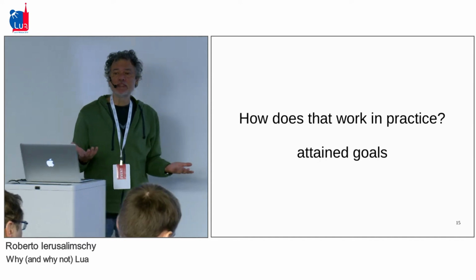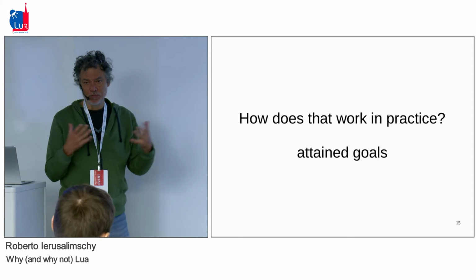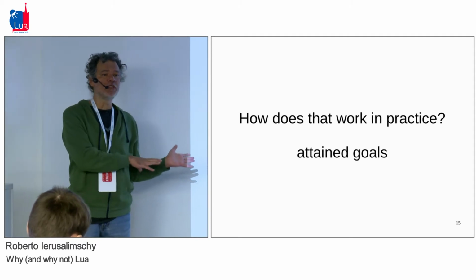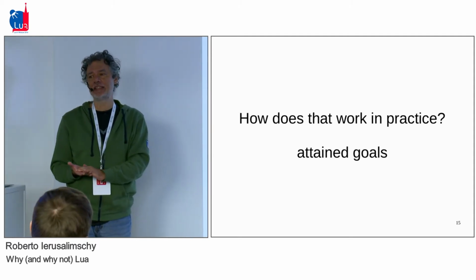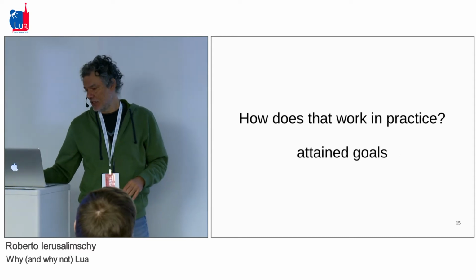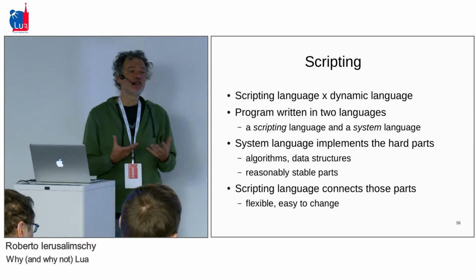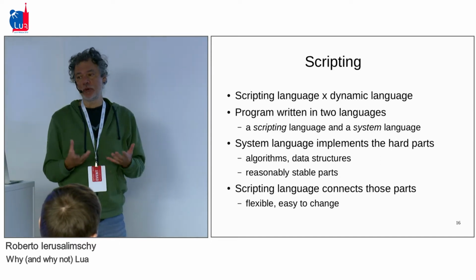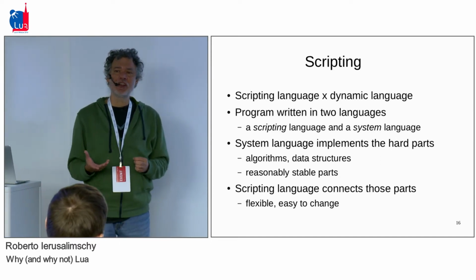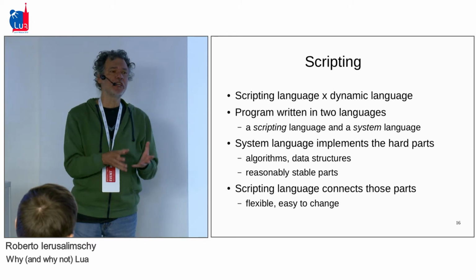And how does this work in practice? So what do those goals mean and how do they reflect in the design of Lua? Well, first, scripting. What does it mean, scripting? Today a lot of people use scripting languages.